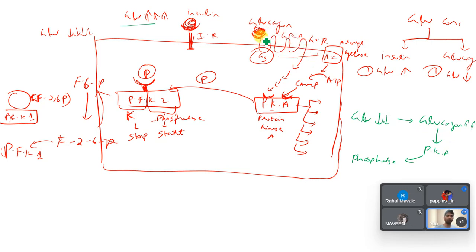binds to the glucagon receptor, that is a GPCR. Maybe in the higher classes you might read it, and the specific G protein is Gs. S stands for stimulatory. So when Gs gets activated, it goes and activates adenylyl cyclase, which is found on the membrane.